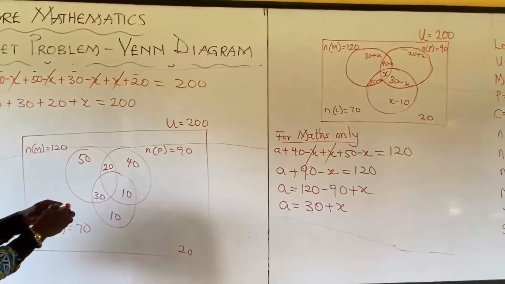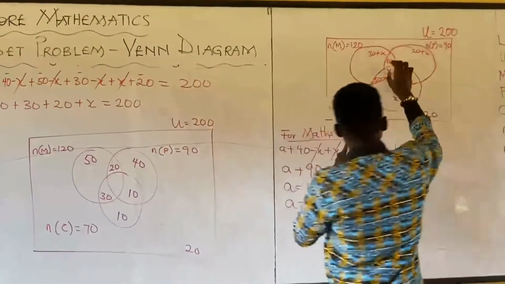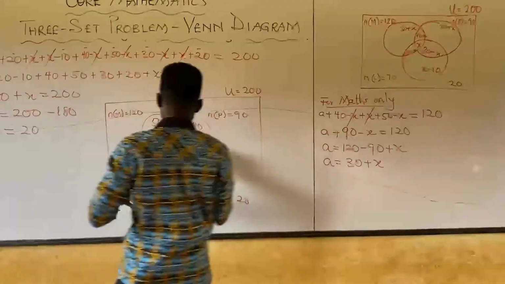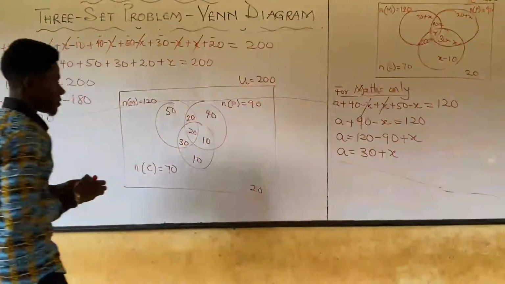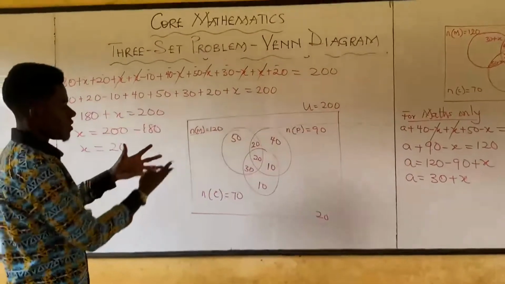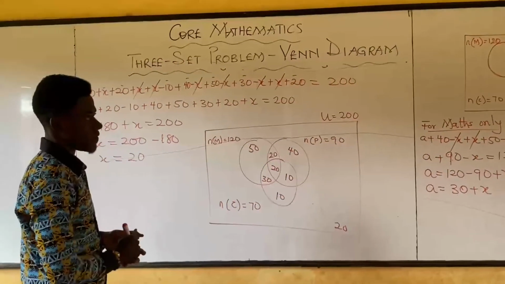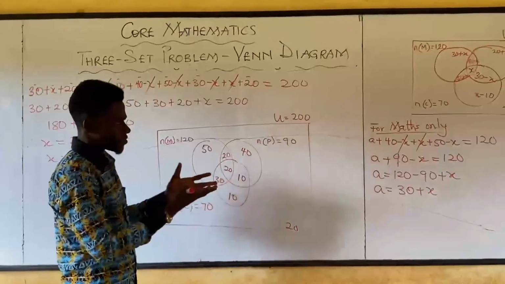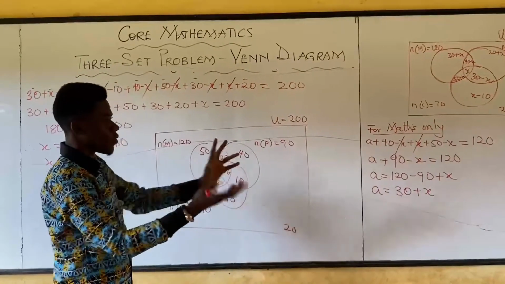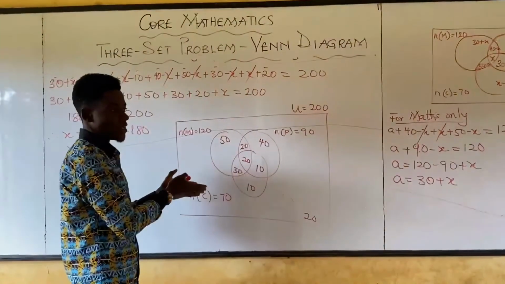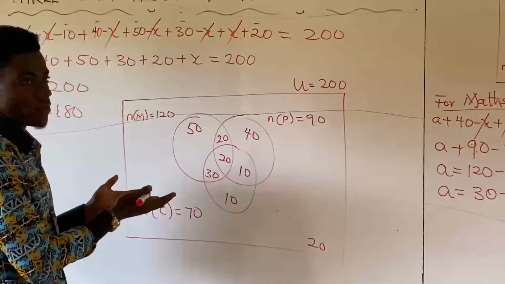And already, since the intersection of all the three sets is x, and having gotten the value of x to be 20, we can just put 20. So you see, the diagram has been simplified. Now, you can proceed by answering the questions. So all the solutions to the questions are in this diagram.